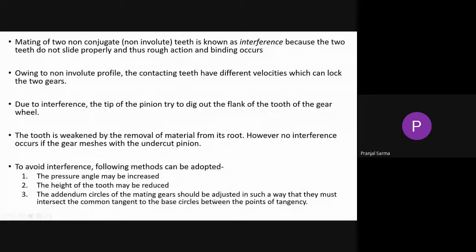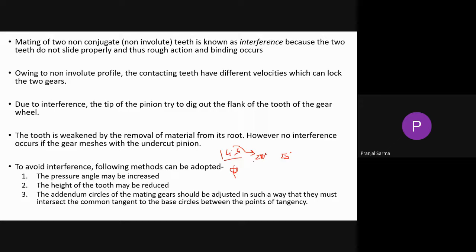That's why, if you recall, in one of the classes I told you that previously 14.5 degree pressure angle was used, and nowadays it is 20 degree, 25 degree, those are the standard pressure angle values we generally go for. As you can see, there is a slight increase in the value of the pressure angle.